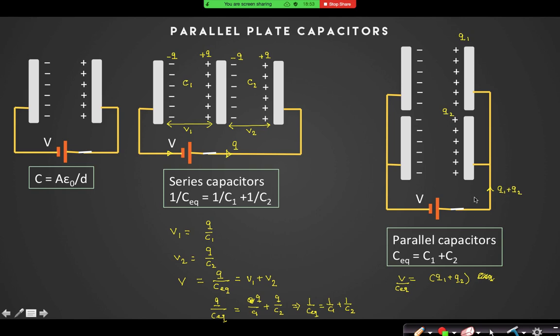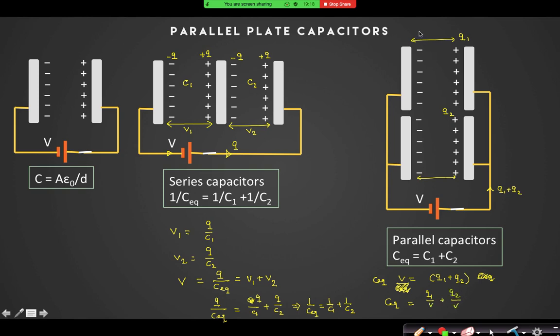So I can say that now the potential is the same across all the capacitors. Yes or no? So C equivalent is equal to Q1 by V plus Q2 by V.